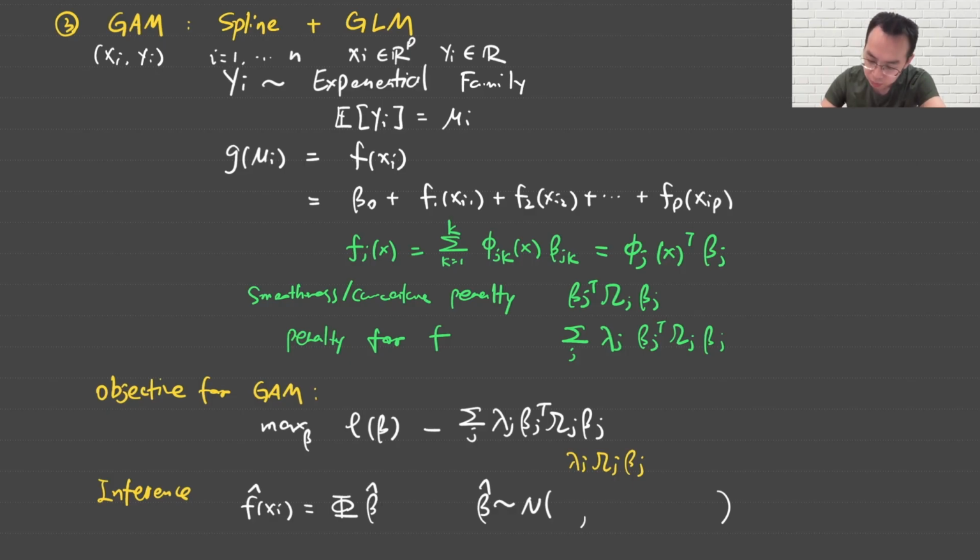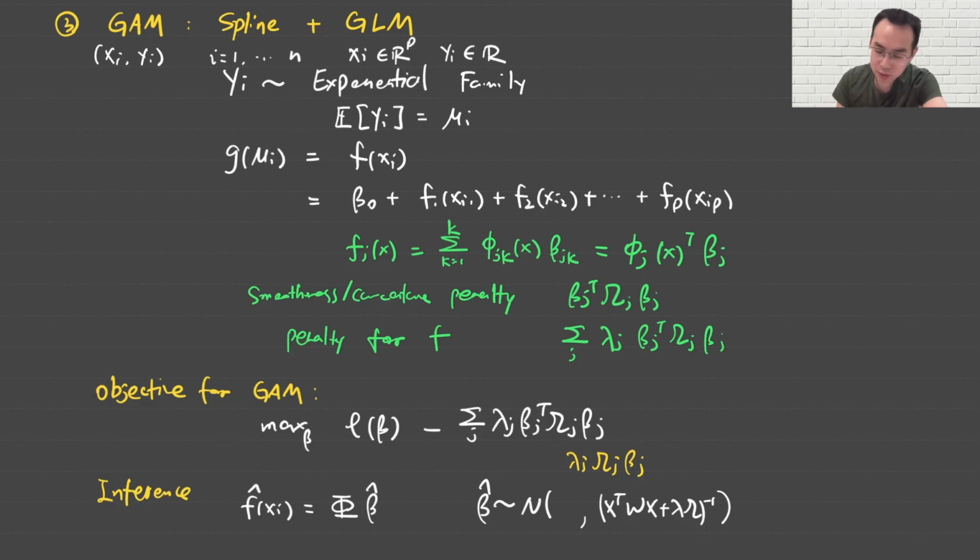So we'll have x transpose W x plus lambda omega, inverse, right? This W here comes from the GLM, and it is associated with the variance of the exponential family distribution. Compared to the GLM, we just have this lambda omega as an extra term. That is due to the penalty, coming from the smoothness penalty.